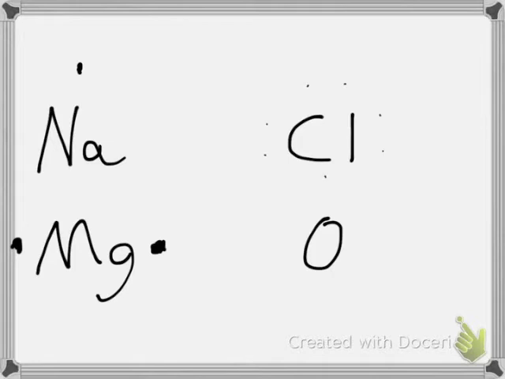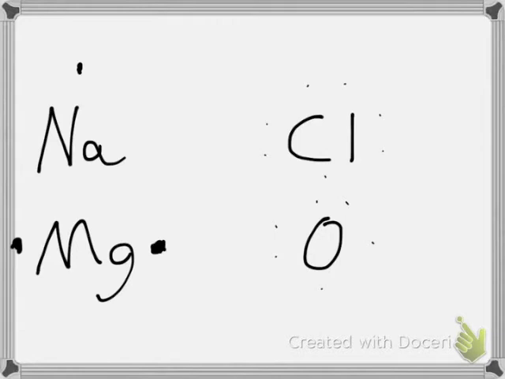So there's the 7 dots. And oxygen is a 6A element, so it will have 6 dots around it. So those are examples of how we can write electron dot structures.